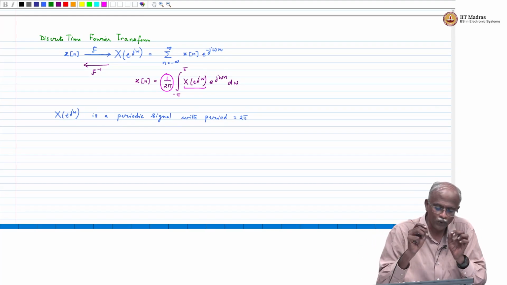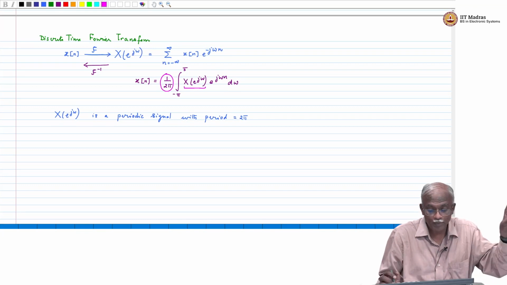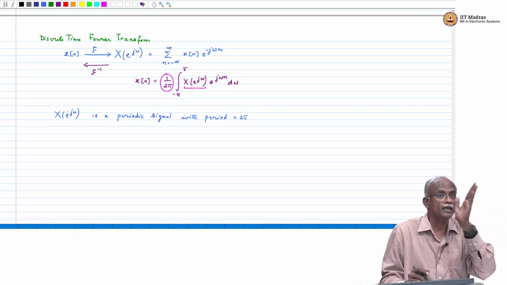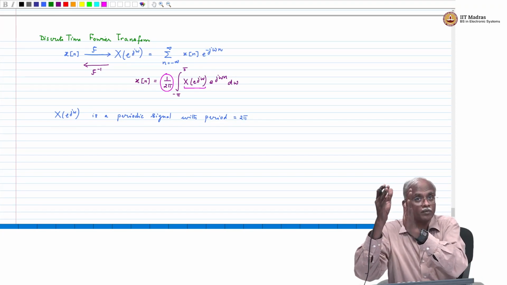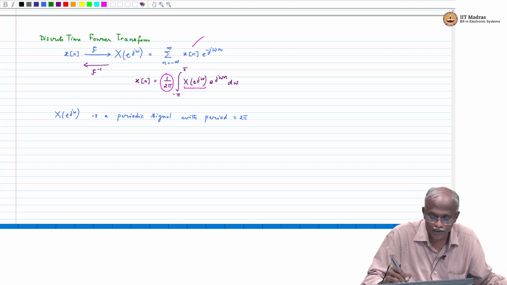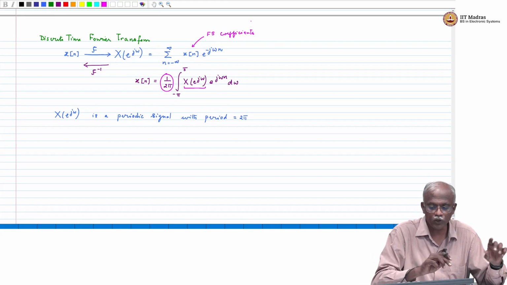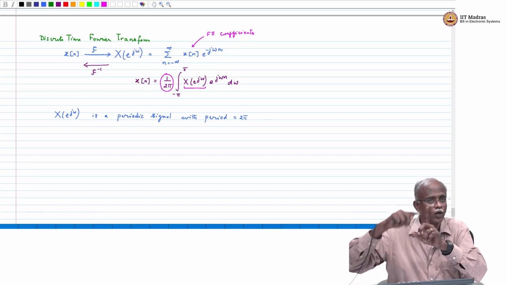So, I hope you are comfortable to say that when I have a periodic signal, I can represent it in terms of the Fourier series coefficients. So you can think of this sequence as nothing but Fourier series coefficients. And once you have the Fourier series coefficients, this is not the real valued Fourier series, it is complex valued.